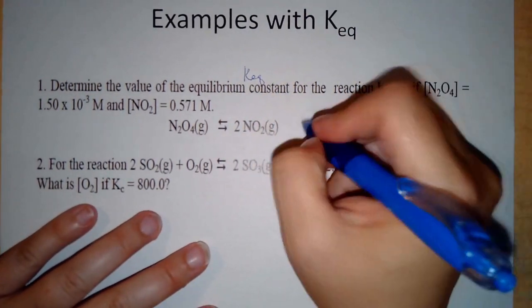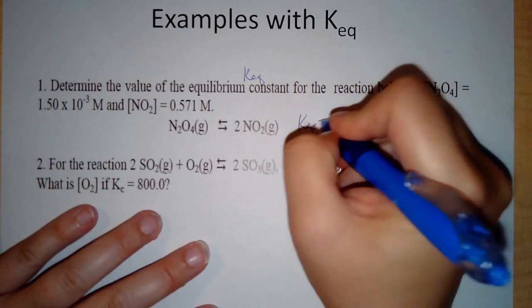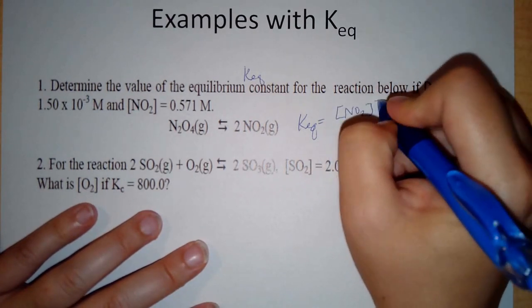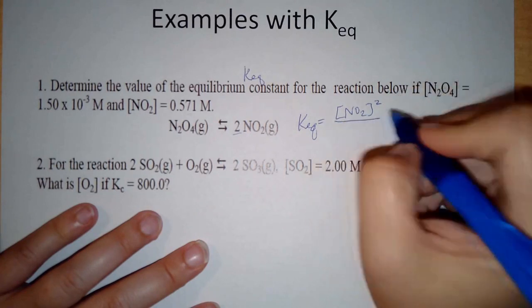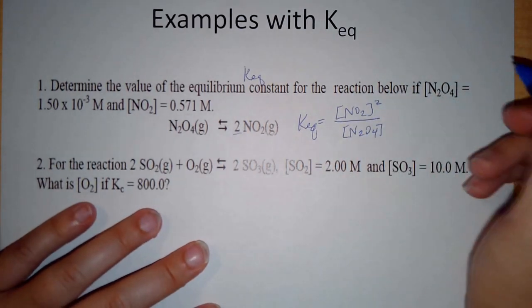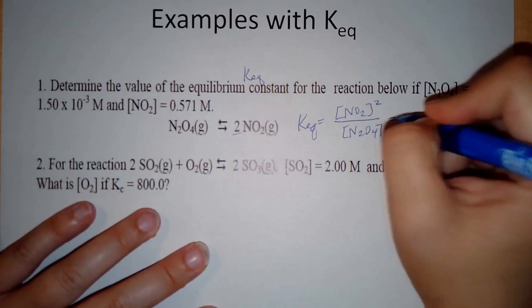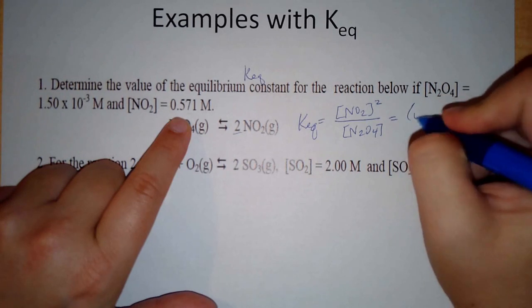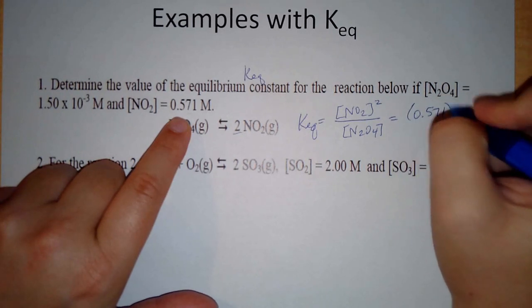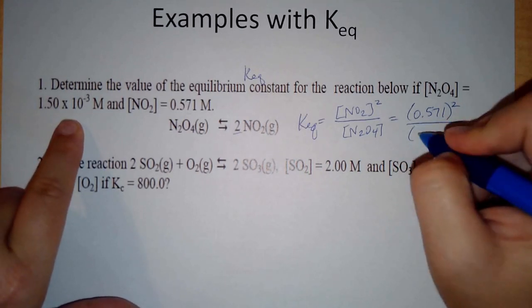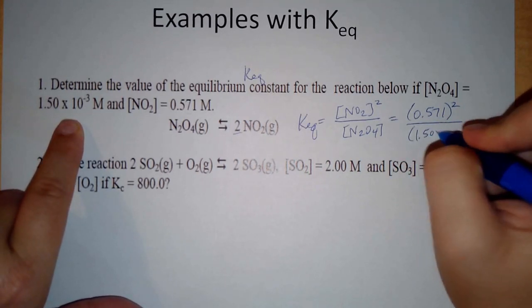So the first thing we need to do is write our expression. We're going to have NO2 squared over N2O4. Alright, then we're going to fill in our values. So NO2 was 0.571 squared, and our N2O4 was 1.5 times 10 to the minus 3.